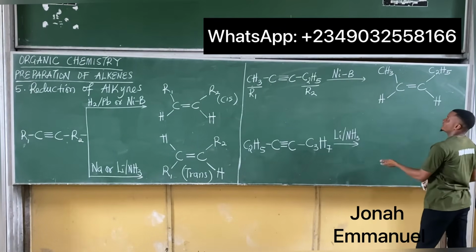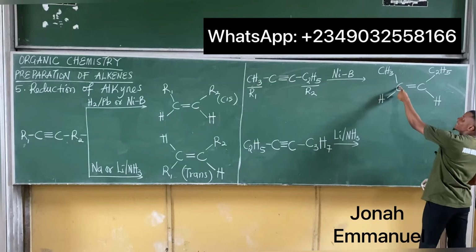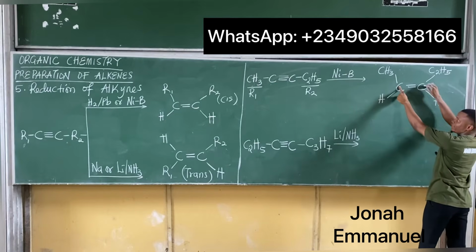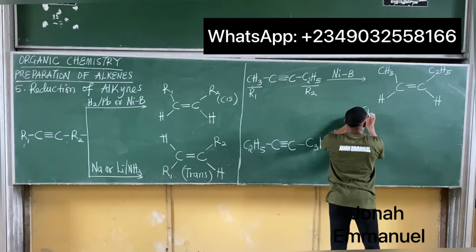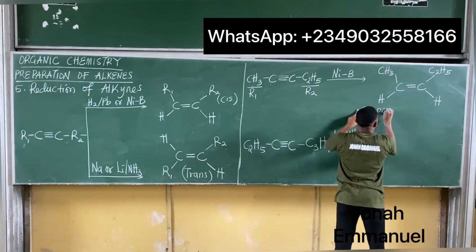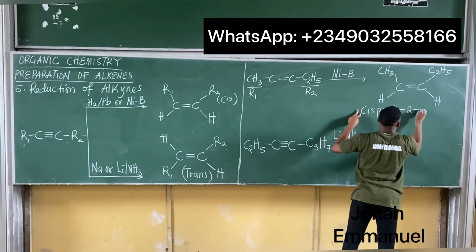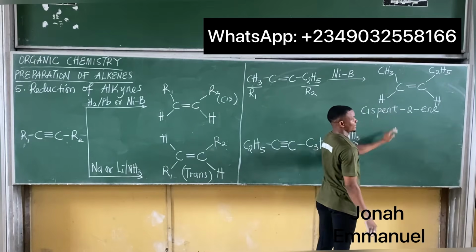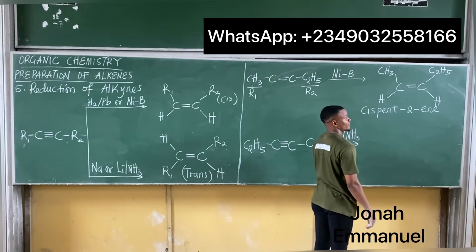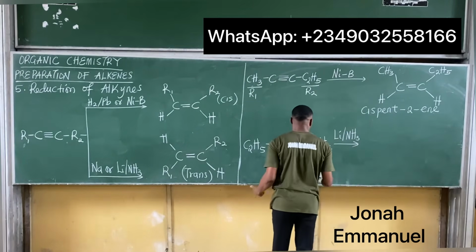I'm going from the left because this is 1, 2 as compared to 1, 2, 3. So it becomes cis-2-pentene. As easy as that.